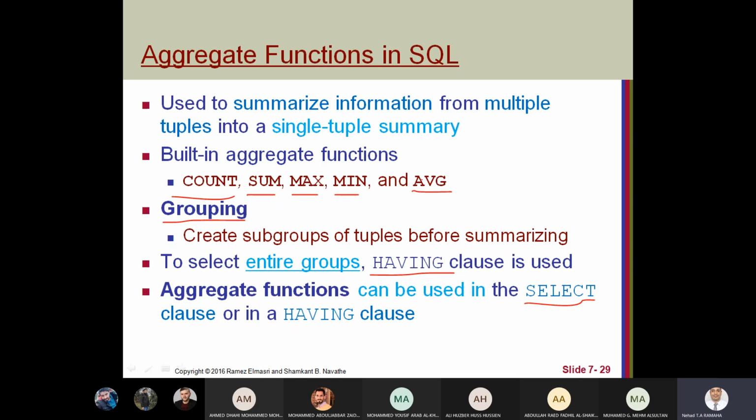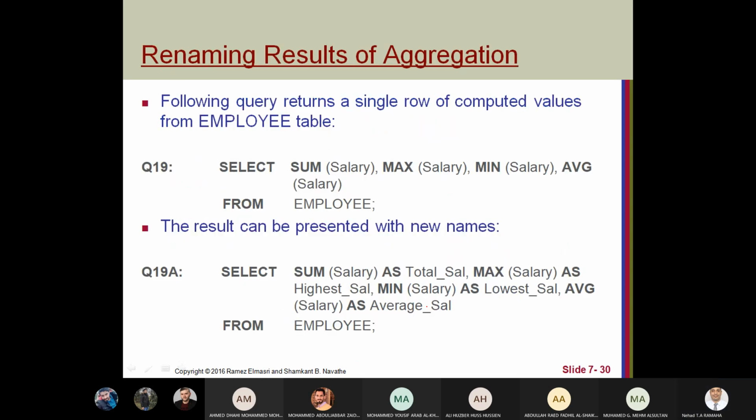You can use an aggregate function in the select clause to get the result of the aggregate function, or in the having clause to make a condition on what type of result from aggregate functions you need.